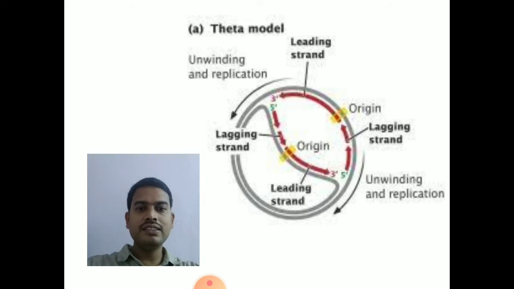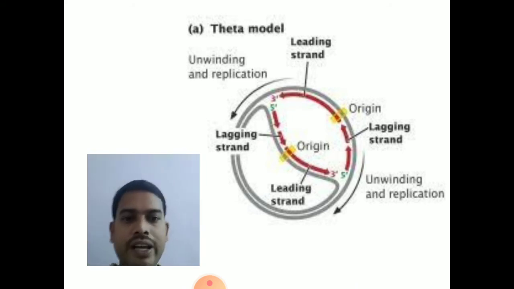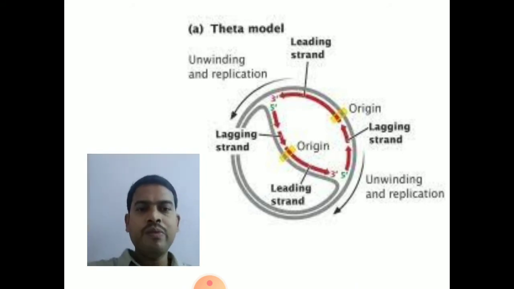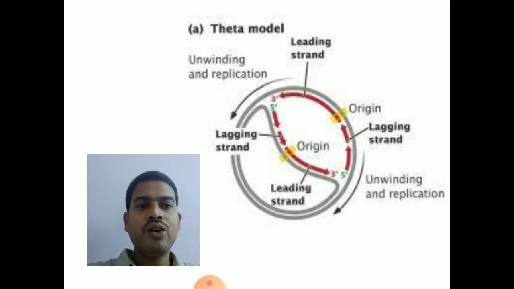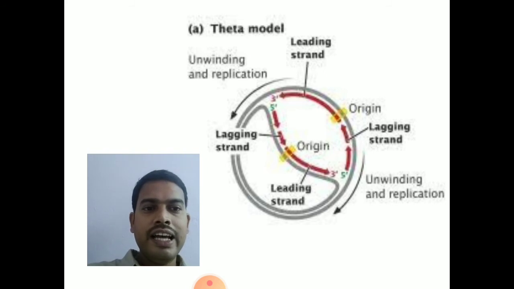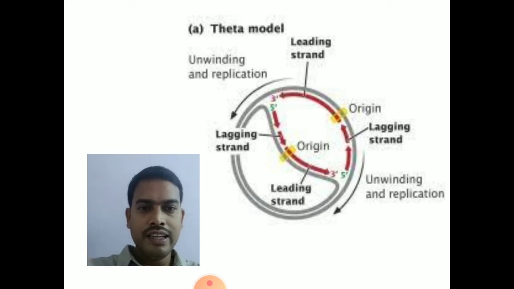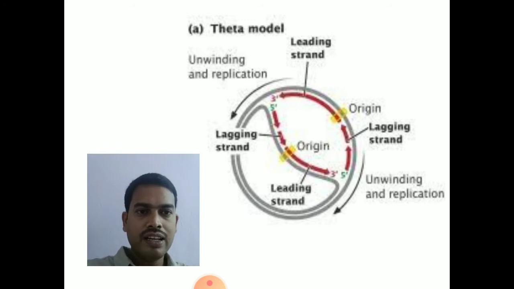The other one is theta mode of DNA replication. In theta mode of DNA replication, it will be a bidirectional mode of replication where it will look like theta, a mathematical symbol, where the leading strand and lagging strand you can clearly see on the right side of the figure. It looks like a theta.